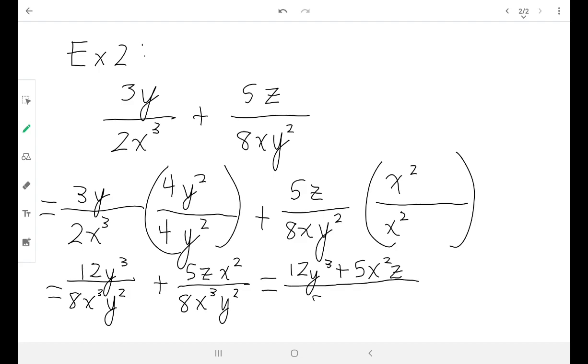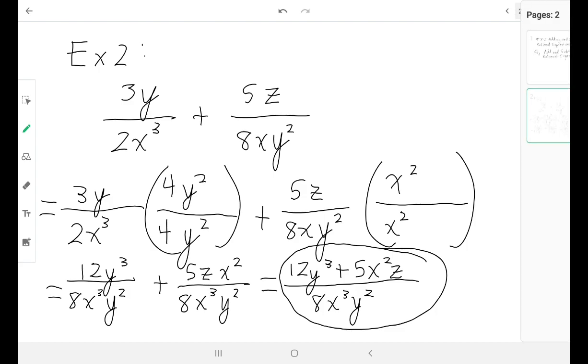All of that over that common denominator of 8x cubed y squared. Now, in theory you'd love to factor something out of the top to cancel it with the bottom or something like that, but if you've done everything to where you've minimized the amount of work that you have to do, that's not going to happen very often. Okay? So that's our first example.